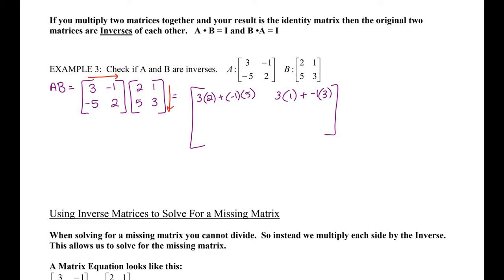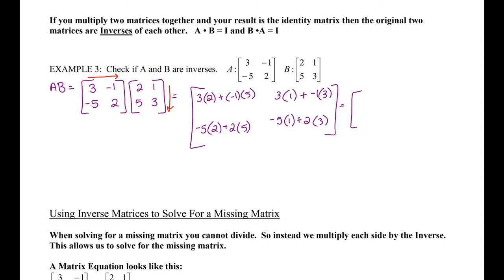Then I can look at the bottom left entry, so I'm going to use row 2, column 1. So I get -5 times 2 plus 2 times 5. Then I'm going to use row 2, column 2, so -5 times 1 plus 2 times 3.